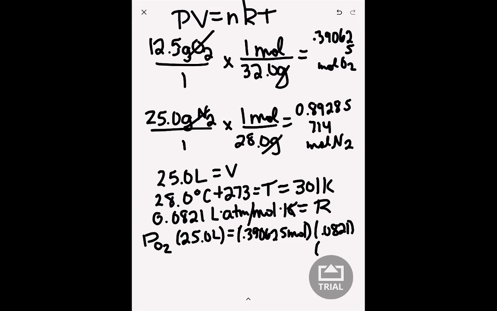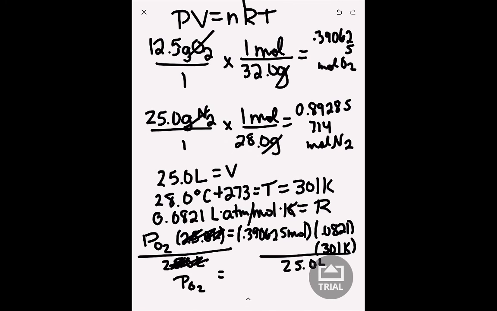And then our T is 301. We know we're going to have to divide both sides by 25 liters. So we know that the pressure of oxygen is going to be all this when we multiply it and divide it. So again, my liters in my R will cancel out. My K in my R will cancel out. My moles in my R will cancel out. And what I will be left with will be atmospheres.